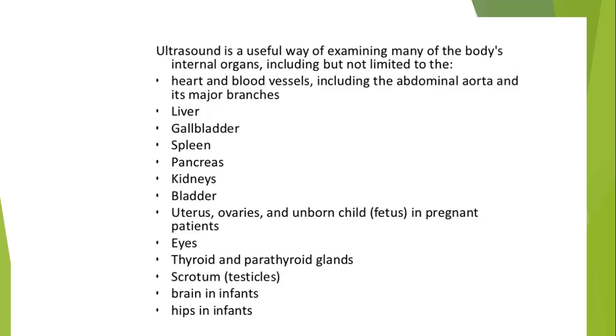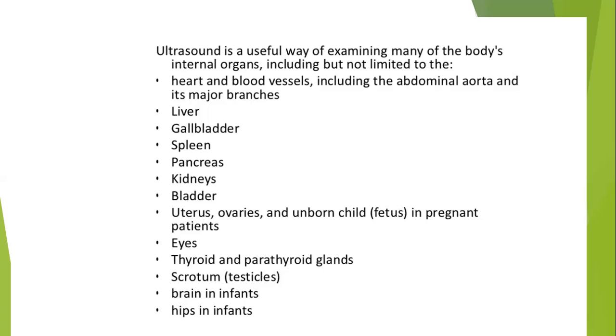What about the scrotum? We have a diagnosis, which is acute scrotum, right? When there's trauma related to testicles, we have ultrasound for scrotum, right? To get the knowledge of how the blood vessels are affected, right?